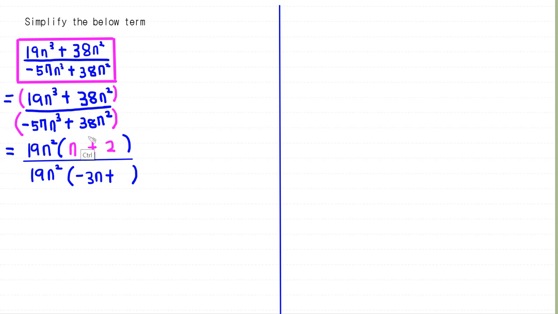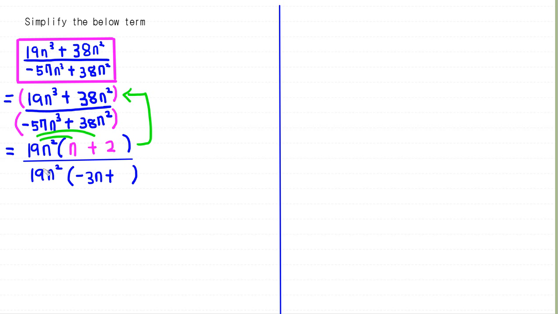So we have figured out that the numerator and denominator can be simplified with this 19 times n squared. But before we simplify it, if you multiply this and this, which is the distributive property, you will get the exact term right over here.